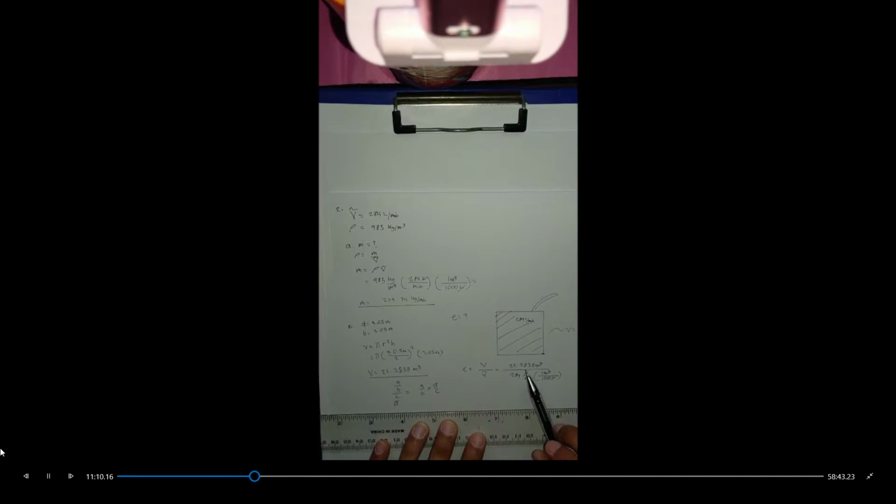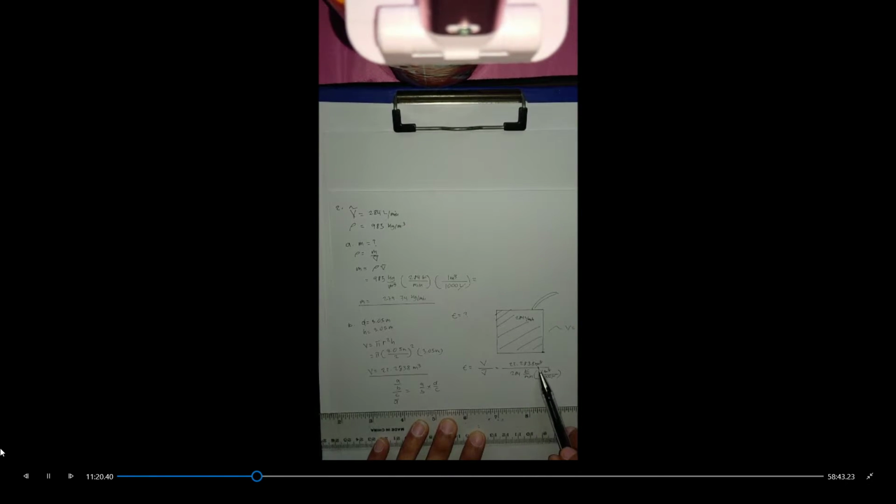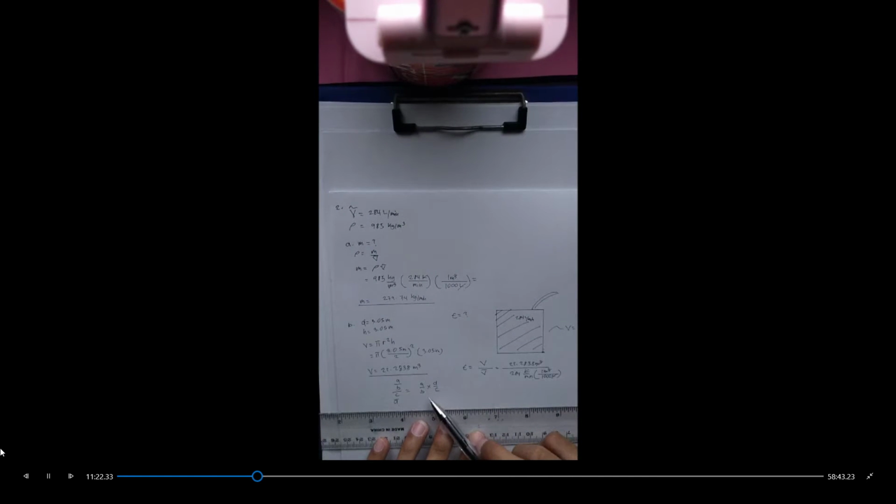So a here is 22.2838 meter cube, b would be 1, 284 liters would be c, and d would be 1.